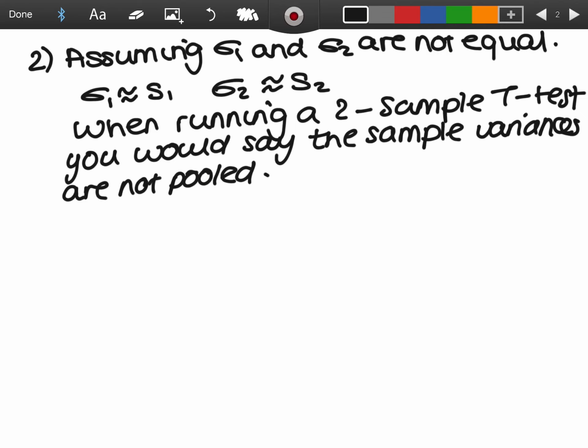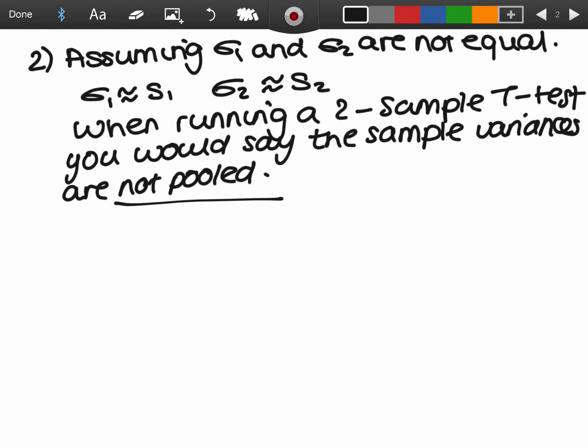You're not taking an average of the variances and then square rooting that to find the population standard deviation. So in this case, when they are not equal, you are not pooling those sample variances or the sample standard deviations. So therefore you're saying they're not pooled, they're not equal. So you are just going to estimate each one from the sample data, from those sample standard deviations.